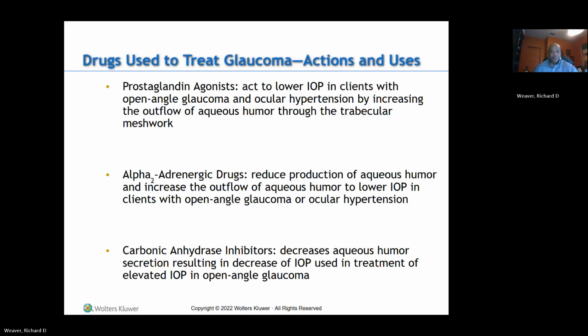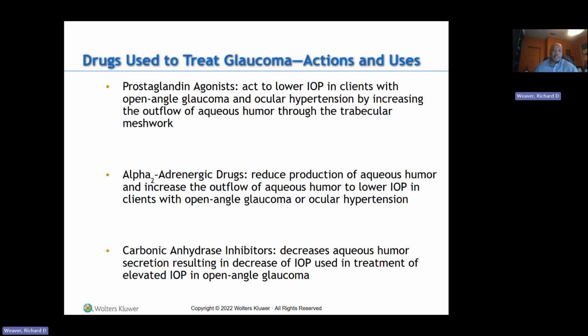All right. So one of the agents that we'll talk about initially here is the prostaglandin agonist. The prostaglandin agonists are used to lower the intraocular pressure in patients with open angle glaucoma, as well as ocular hypertension. Remember, because the aqueous humor is increasing in amount, it causes the pressure to increase, and so we refer to that as ocular hypertension.